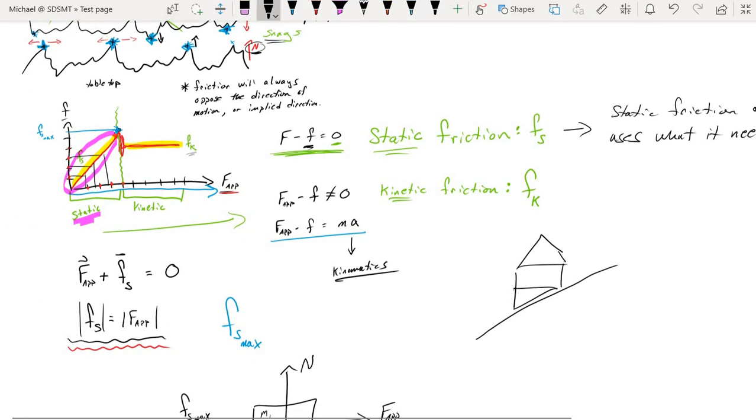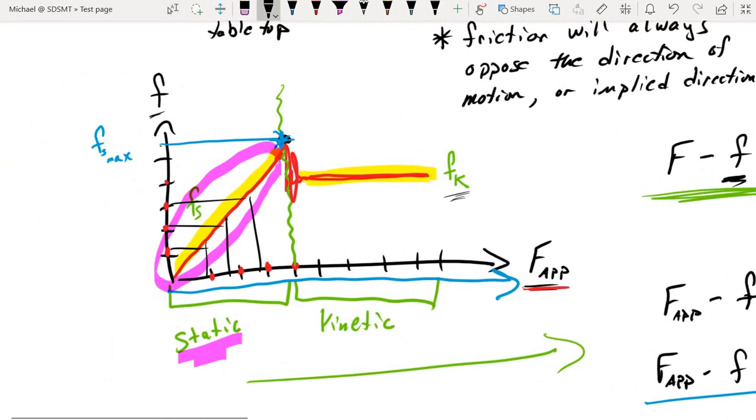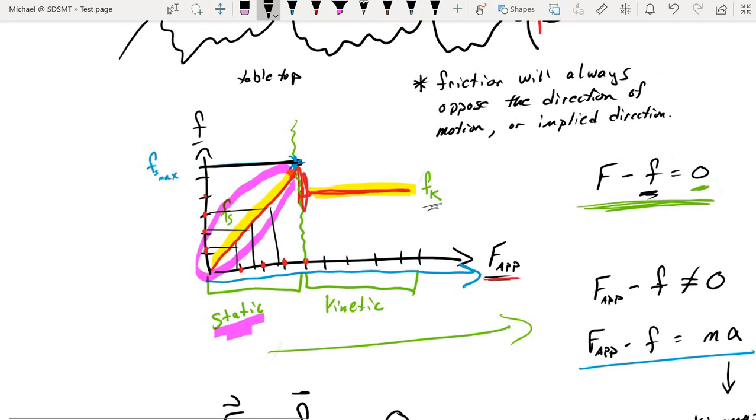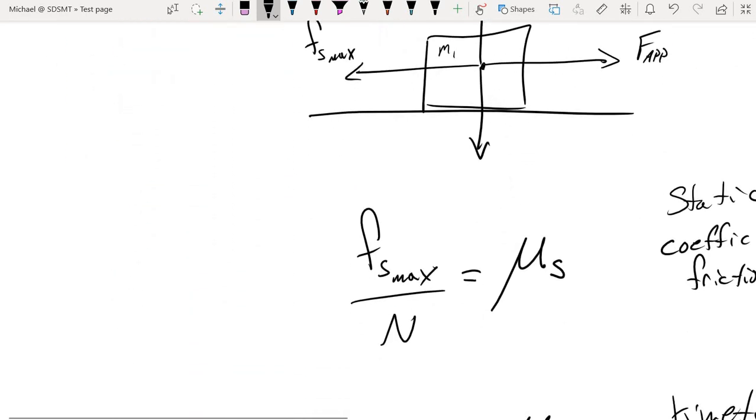And so our static friction is equal to the applied force until we get to the maximum static friction. In this case, the maximum static friction is a fixed value for that system, and that's why we can measure it using this particular ratio.